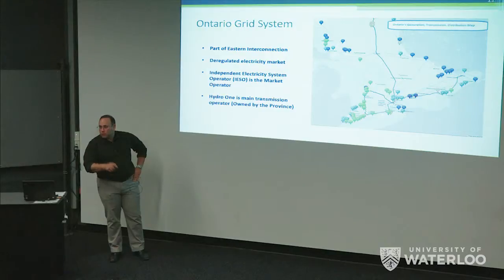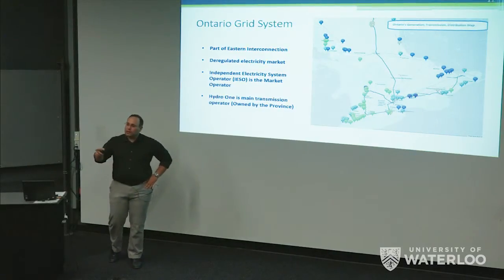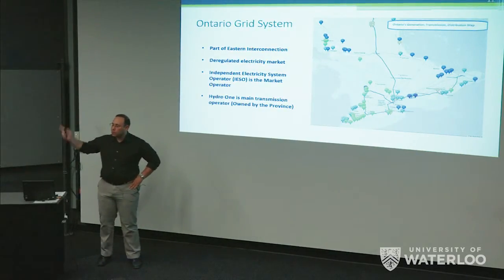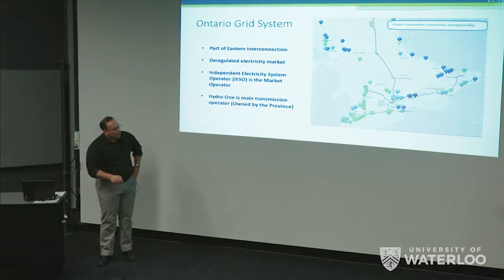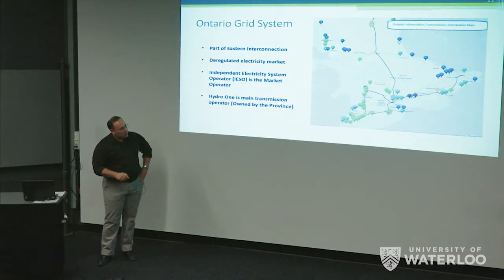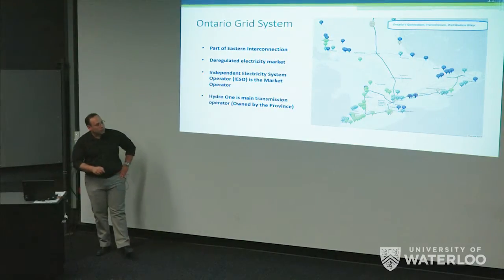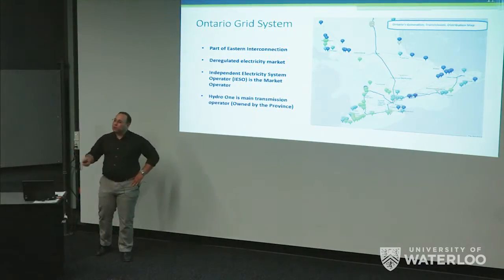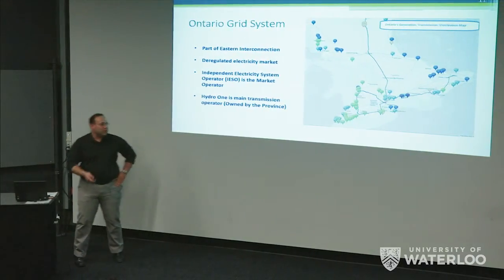The Windsor to London Essex main transmission line has constraints. Because of the salt caverns and the wind here, it's a really good site for CAES. Using it on this side, you're able to store the wind energy and also take the constraints off the transmission line, which will actually reduce the cost of electricity.